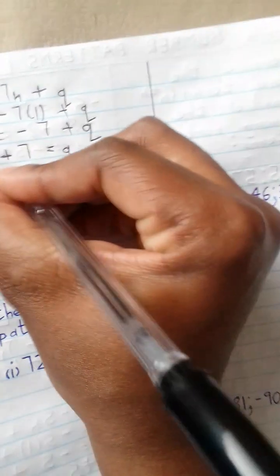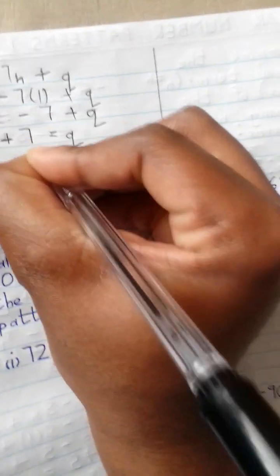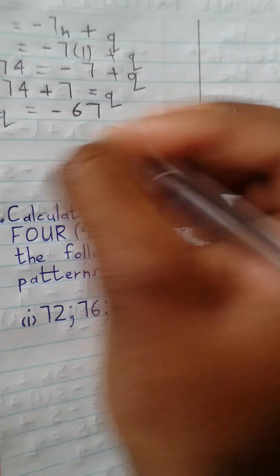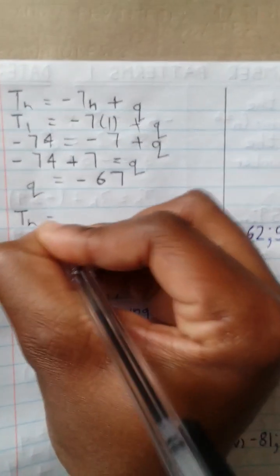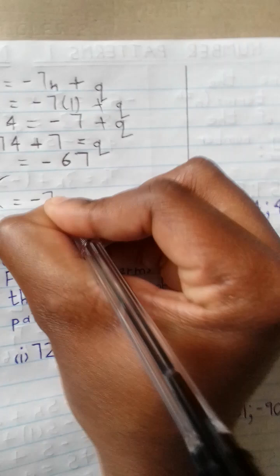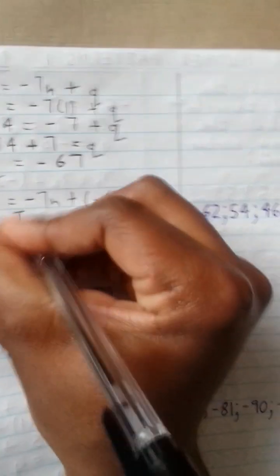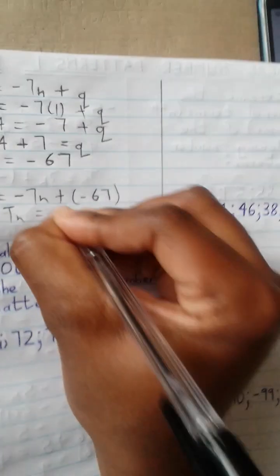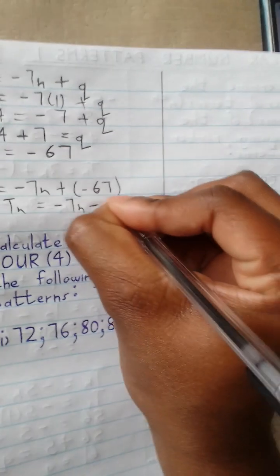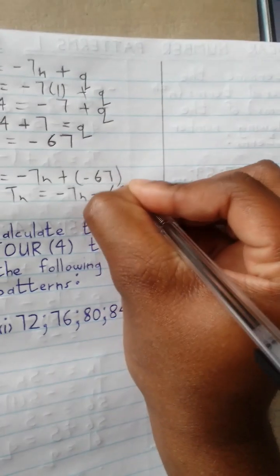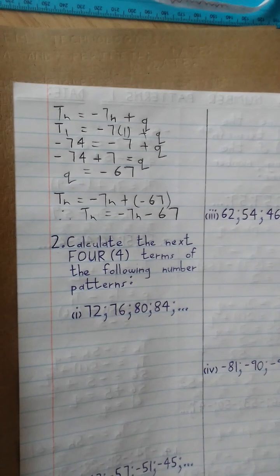Negative 67. So we have Tn is equal to negative 7n plus negative 67. So Tn is negative 7n minus 67. I hope that makes sense.